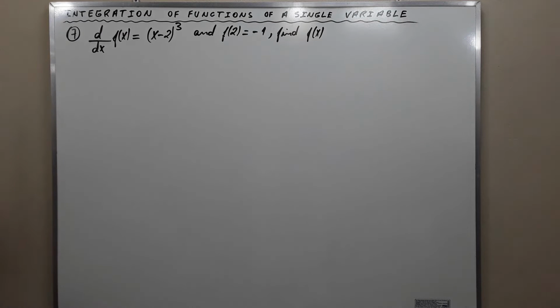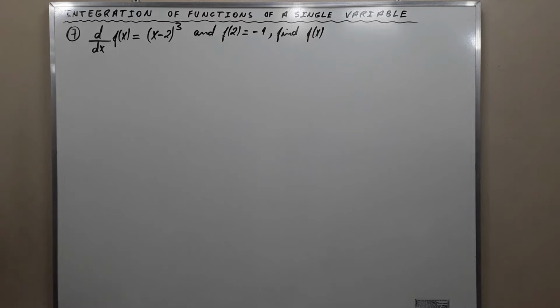Now let's go to exercise 7. The derivative of a function with respect to x is x minus 2 cubed, and f of 2 equal to negative 1. The exercise wants us to find the function. Okay, let's go to the solution then.